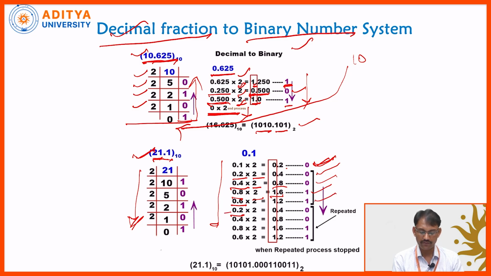If we verify, this 0.2 is the same as the earlier 0.2, 0.4 is 0.4, 0.8 is 0.8, and 0.6 is 0.6. That means the result is simply repeating, and if the result is repeating, we can simply represent it with a bar.